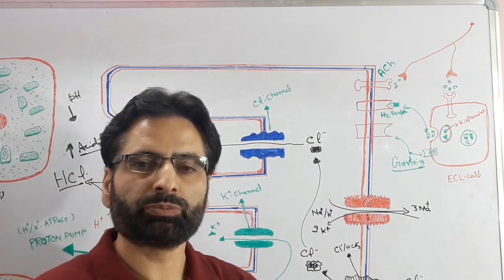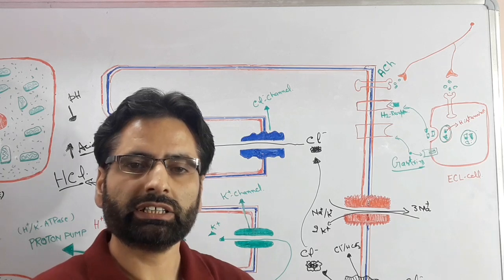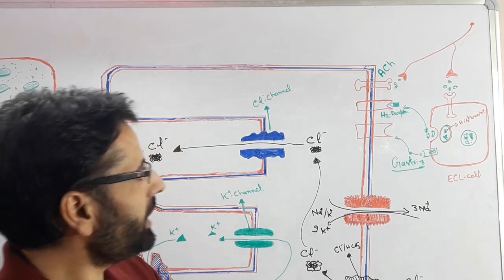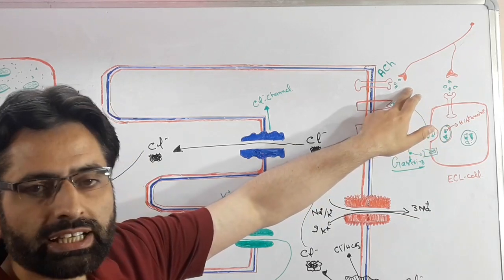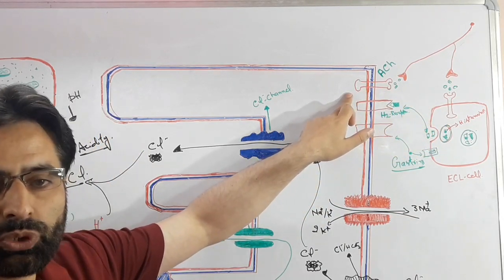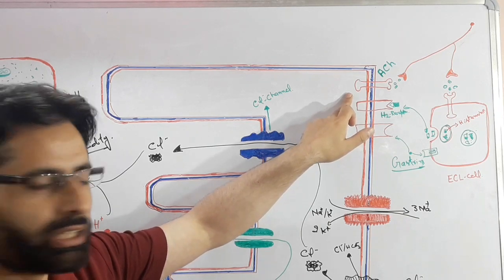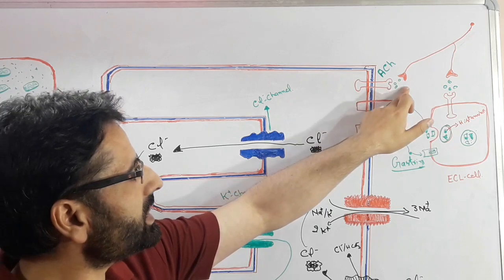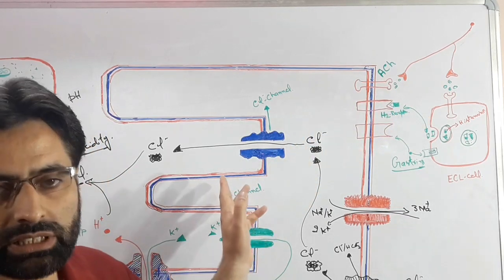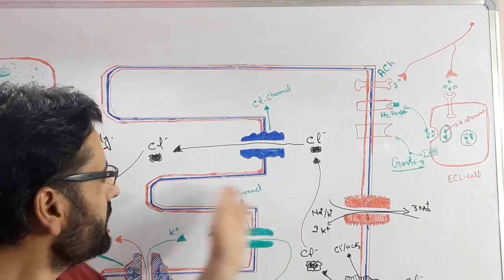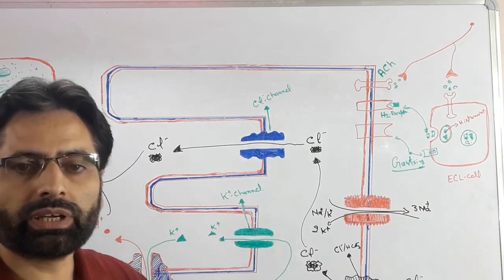Acetylcholine is released by the endings of the vagus nerve, or cranial nerve 10, and it has receptors on the basolateral portion of the parietal cell membrane. Once it binds, it stimulates the cell through a signal transduction mechanism to release hydrochloric acid.